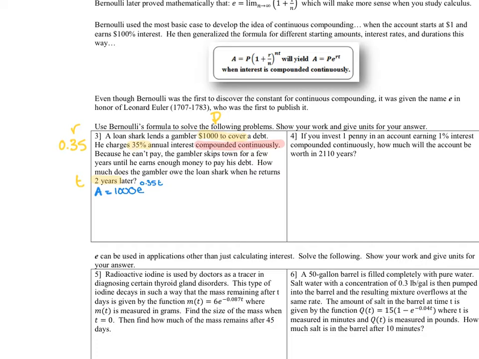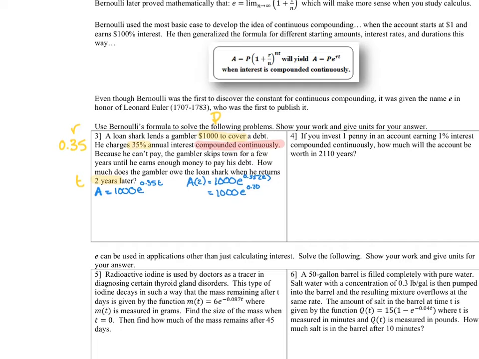In this case, it's going to be 2 years. So when we solve for this, we can say A of 2 is 1,000 times e to the 0.35 times 2, because that's after 2 years, or 1,000 times e to the 0.70.